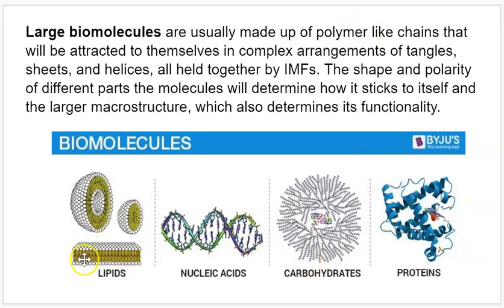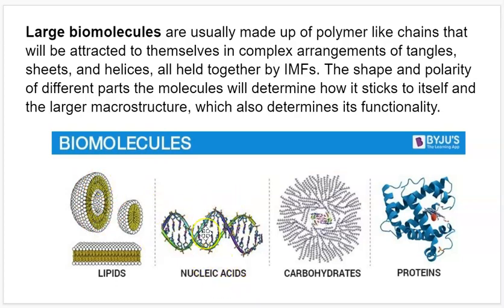You have lipids, which are really interesting materials that have a polar head and a non-polar tail, and they arrange themselves in sheets like this, where all the non-polar parts are attracted to each other through LDFs, and all the polar parts are attracted to each other through dipole forces, and you end up with what are called micelles, which are little spheres where the polar bits are on the edges and the non-polar bits are in the middle, and that's what makes up the cell walls of cells.